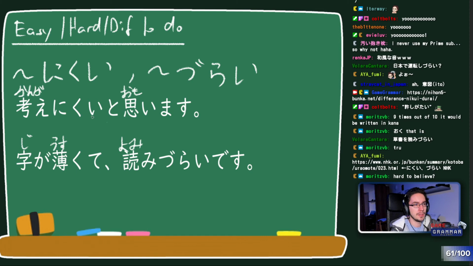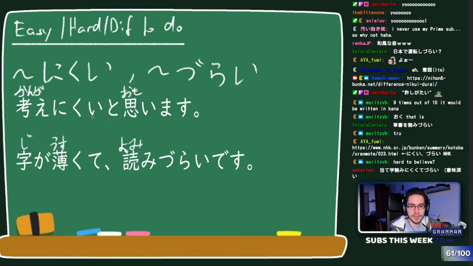In this sentence, 考えにくいと思います, the nuance could be a few different things depending on the situation in which you use it. For example, if someone brings up an idea and says, maybe it's that, you could say 考えにくいと思います.